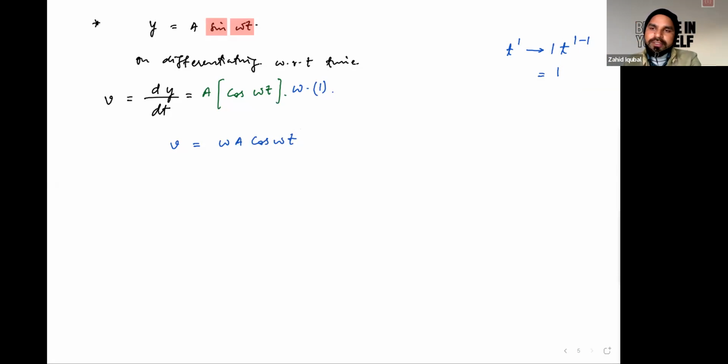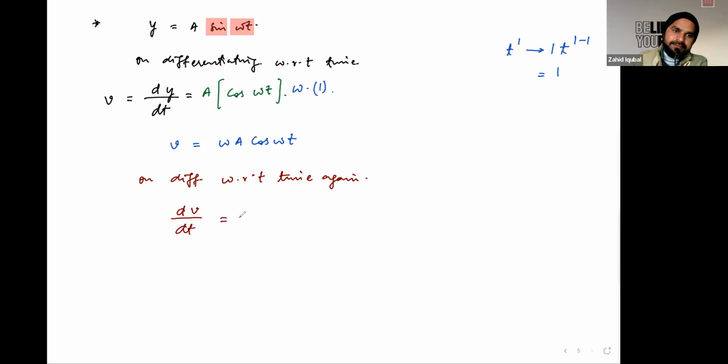Now again, if you further differentiate it with respect to time, you will get dv over dt. Omega and a being constant, keep them outside. The differentiation of cos will be minus sine omega t.